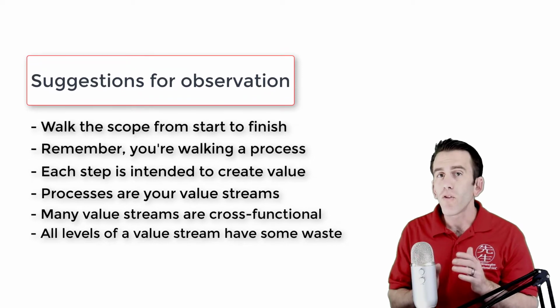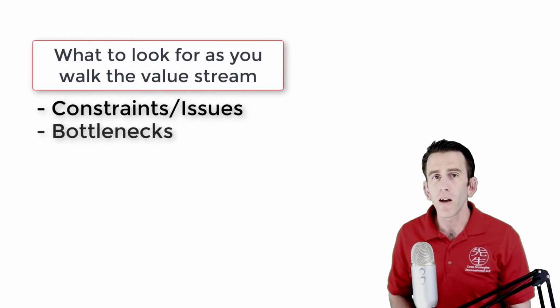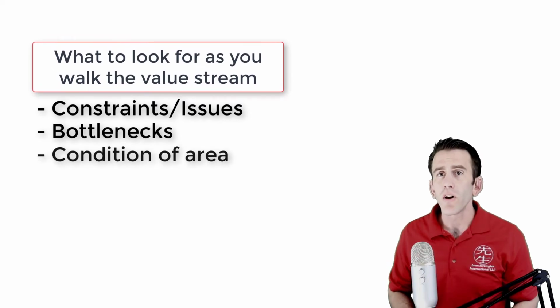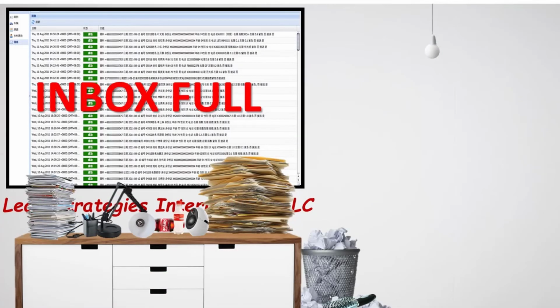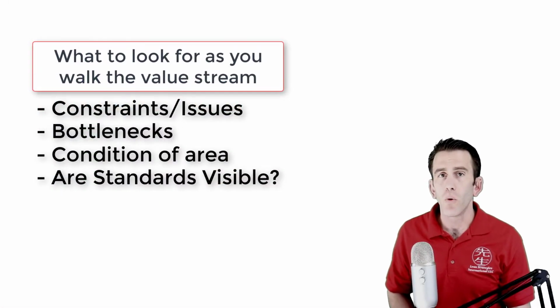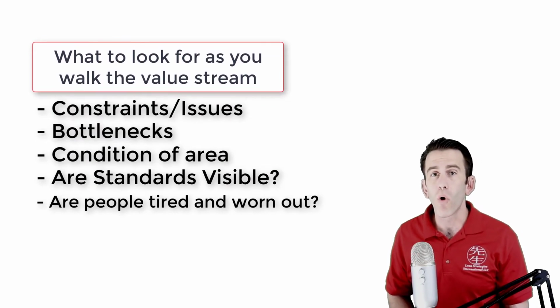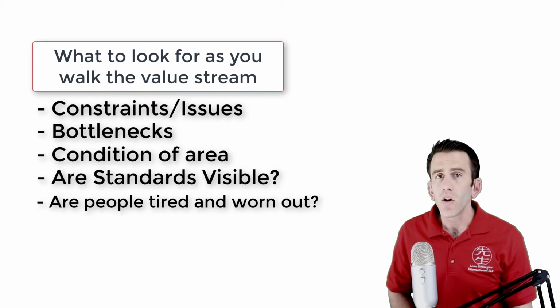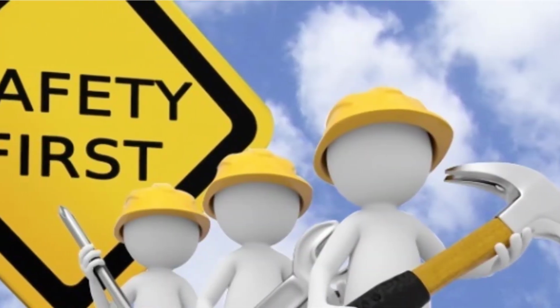As you walk the flow of the value stream, look for constraints, bottlenecks, or the condition of the area. Is it in 5S shape, or is it cluttered and messy? Are the visible standards clear to everyone? Do the people appear anxious, tired, or worn out? And finally, look to see that all activities in the area promote safety.